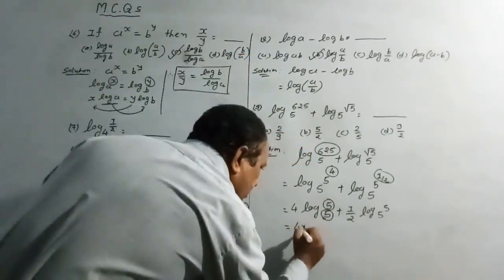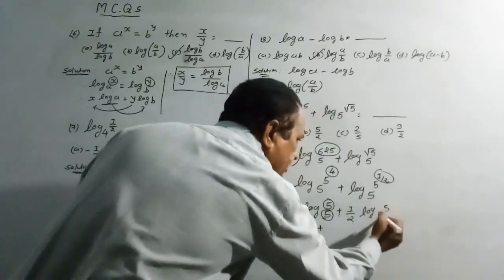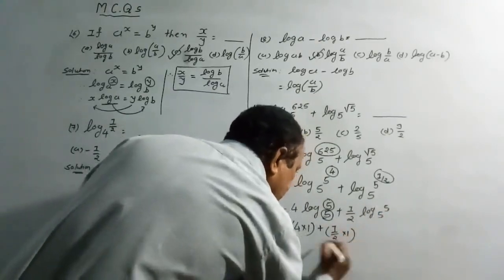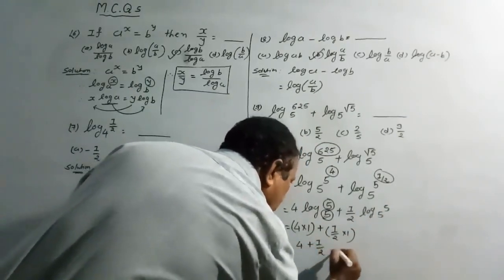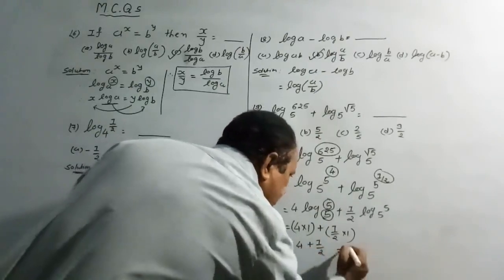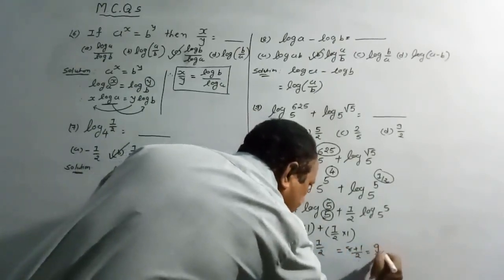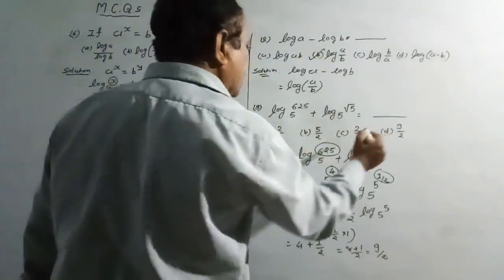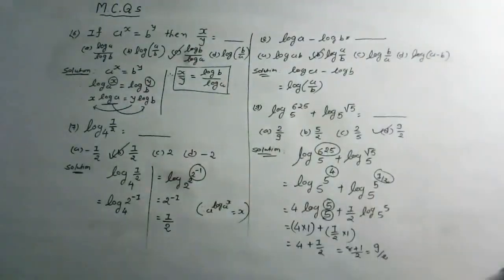So 4 multiplied by 1 plus 1 by 2 multiplied by 1, that is 4 plus 1 by 2. 4 times 2 is 8, 8 plus 1 is 9, so 9 by 2. Our answer is 9 by 2, option B.